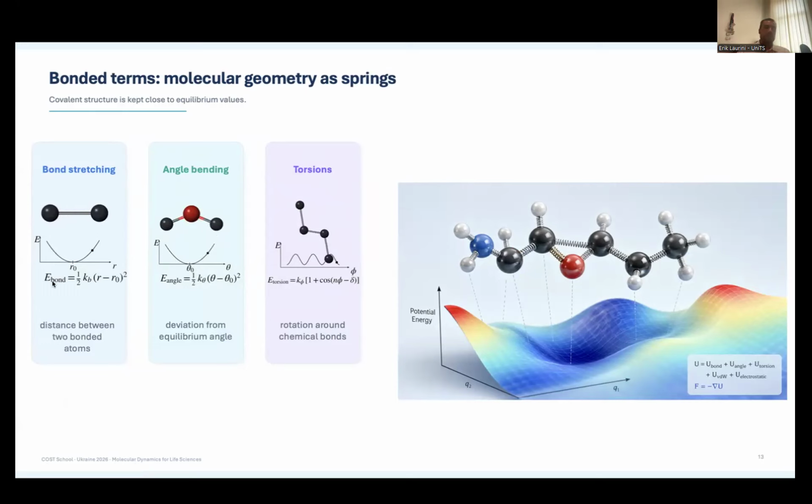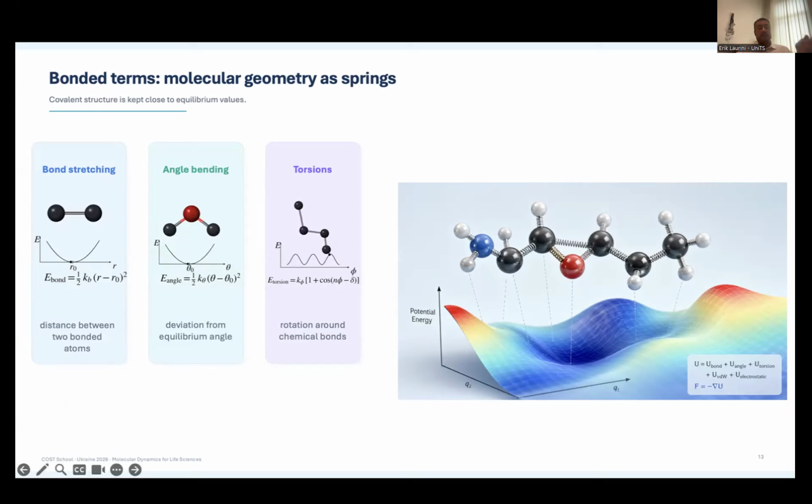So the energy of the bond stretching could be simply described by the spring law, the Hooke law, in which we have a product between a constant and a difference in length, in which the difference is between the actual distance between two connected atoms and R0, the equilibrium distance representing the respective atoms.